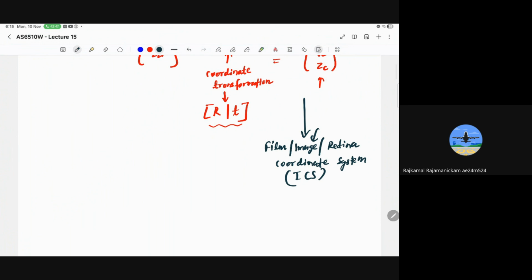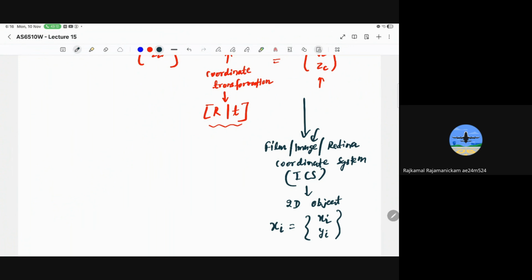Okay, in this one, the film or image or retina inside the camera is basically a 2D object. So this is going to have 2D coordinates, and that we can represent as xi. It is going to have two coordinates, xi and yi.